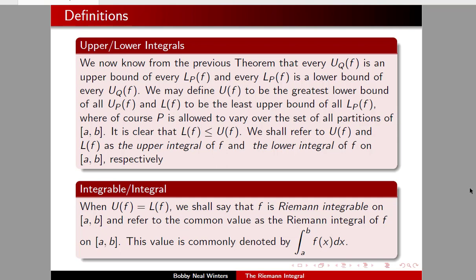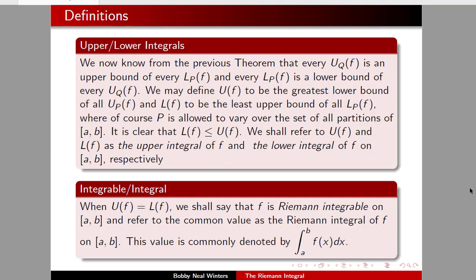All right, now some more definitions. We now know from the previous theorem that every U_Q of f is an upper bound of every L_P of f, and every L_P of f is a lower bound of every U_Q of f.